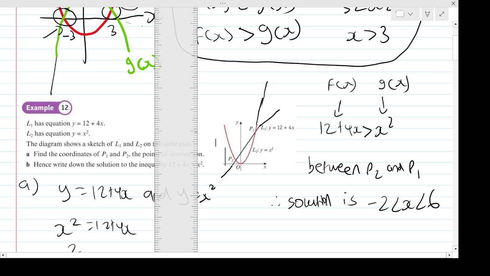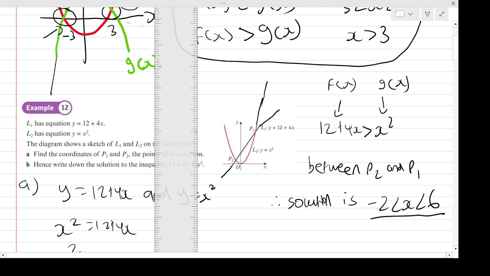And that occurs, so the x values, remember we're solving for x because there's an x here, it occurs when the x value is between -2, which is at P2, and 6, which is at P1. So between those two points, that is when the line here is above the curve.